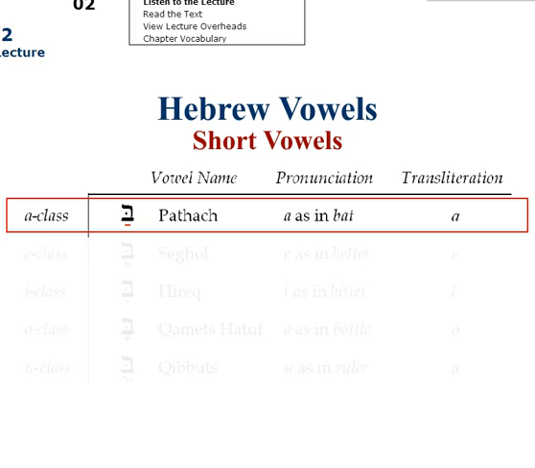Its name is patah. The sound of a patah is a, as in the English word bat. So, to pronounce the bet with patah, the sound would be ba.